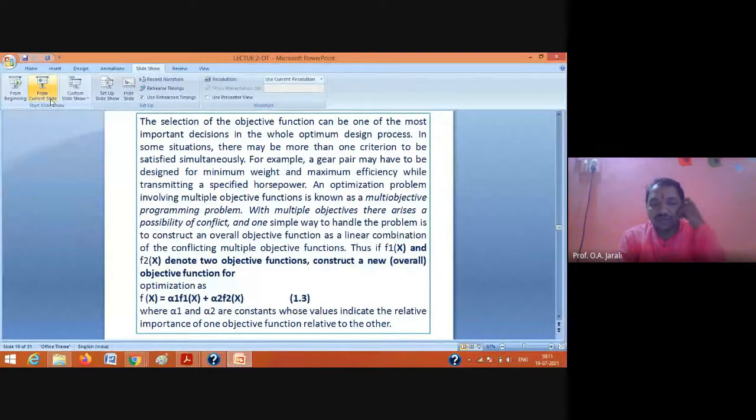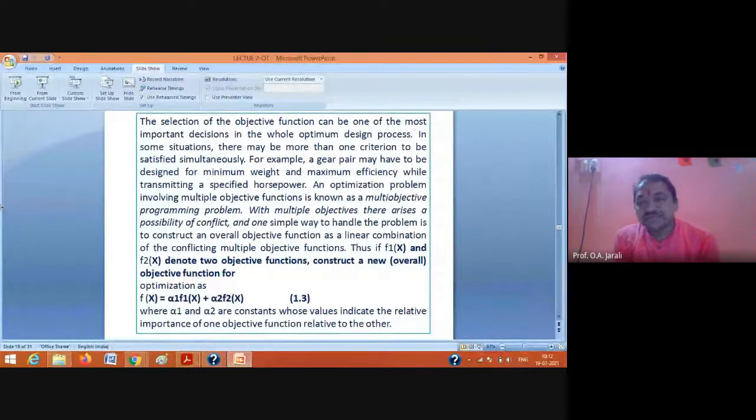Using these two objective functions, you design the overall objective function f(x), where alpha 1 and alpha 2 are constants whose values indicate the relative importance of one objective function relative to the other.